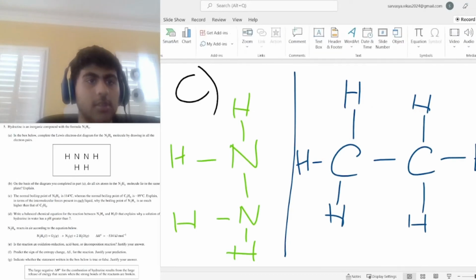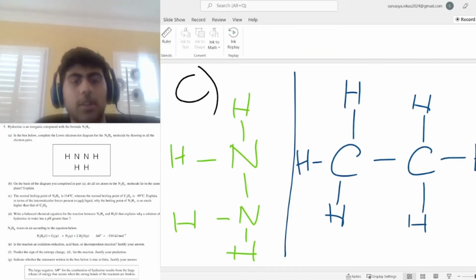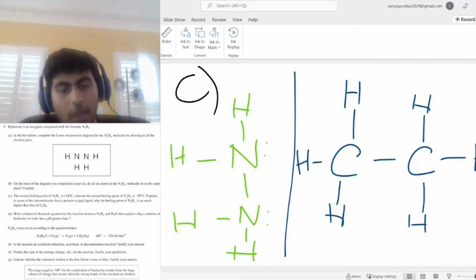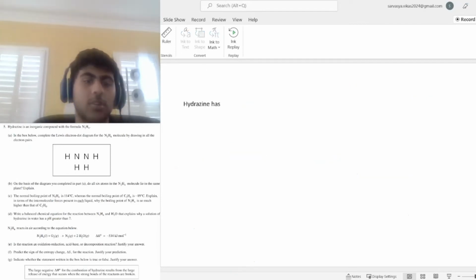Because it has those electrons that are left out here, then the pull of the hydrogens on the nitrogens are going to make it such that the hydrazine has dipole forces.